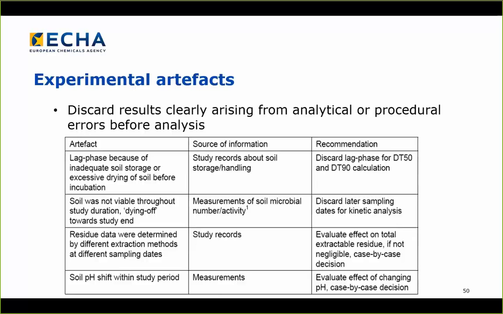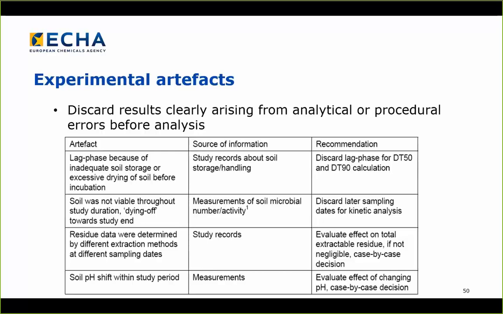Also mentioned before was experimental artifacts. In the decision-making process, we have instructions to discard results clearly arising from analytical or procedural errors before analysis. So the FOCUS kinetic guidance gave some examples of artifacts that may occur, what information sources you could look at to identify whether these are artifacts or not, and provided a recommendation of how to handle that as you're conducting your kinetic evaluation.